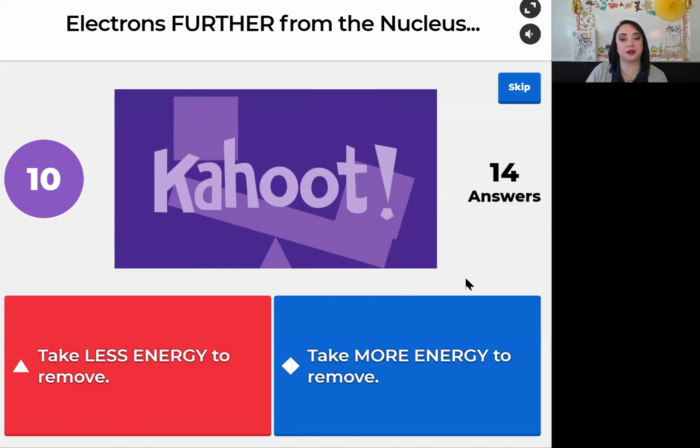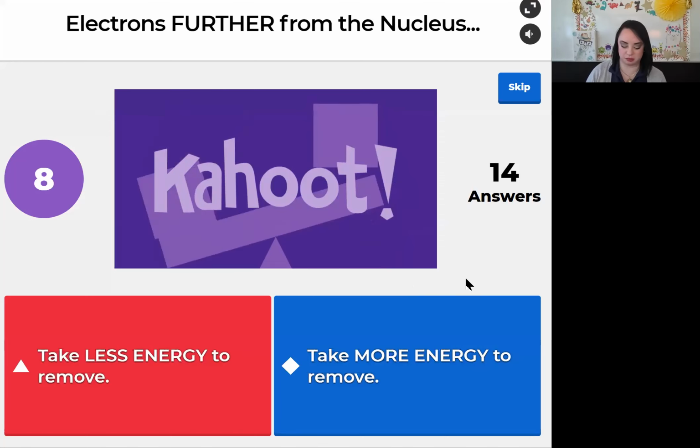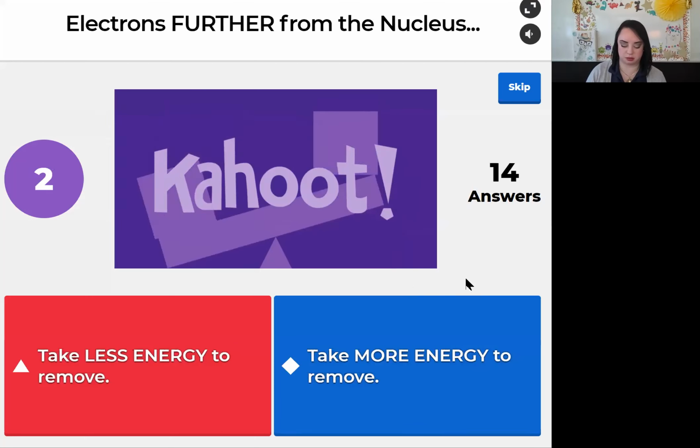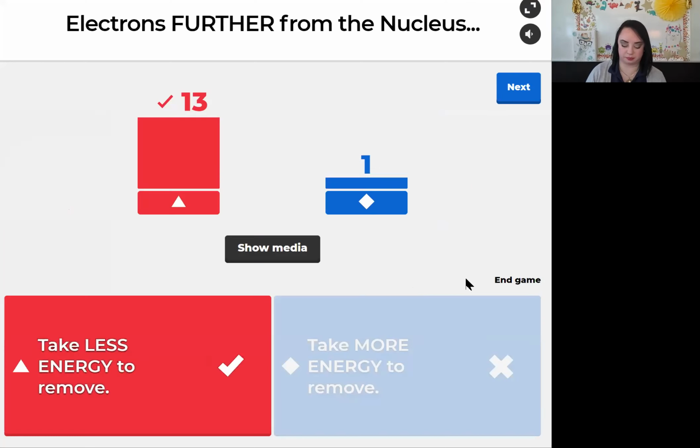So if the electron's further from the nucleus, it takes less energy to remove.